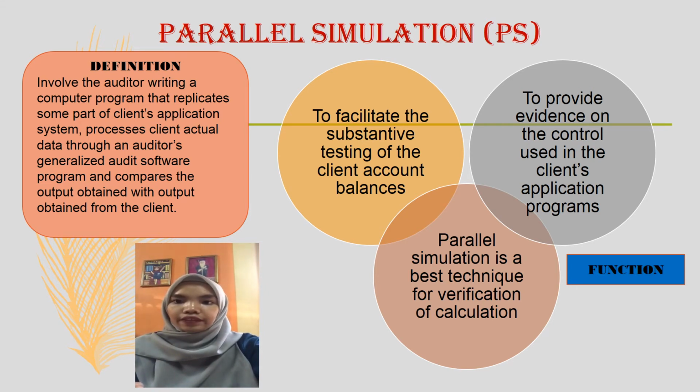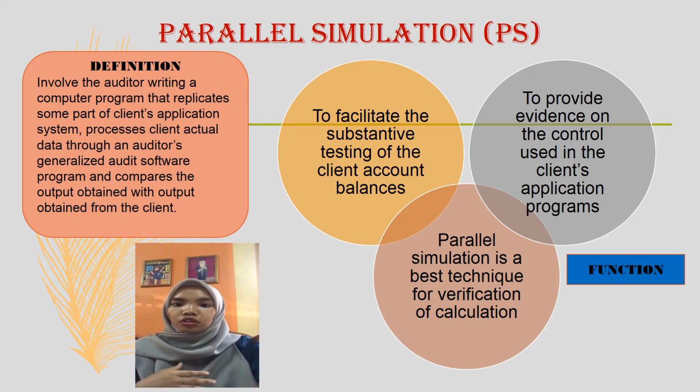Okay, the next type is parallel simulation. Parallel simulation involves the auditor writing a computer program that replicates some part of the client's application system, processing the client's actual data through an auditor's generalized software program, and comparing the output obtained with the output obtained from the client. The function of parallel simulation is to facilitate the substantive testing of the client account balance.